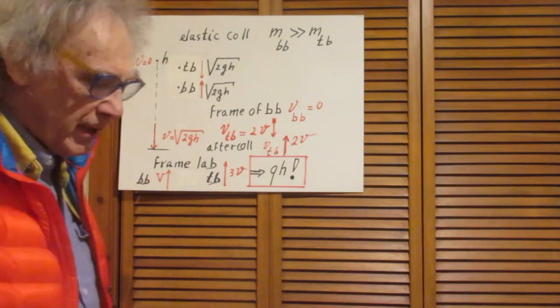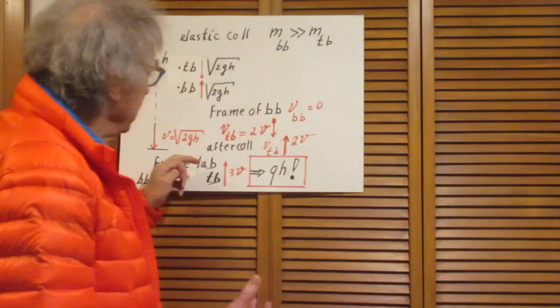Now I'm going to consider, which is of course a simplifying assumption, that when the basketball comes up, the tennis ball is coming down. That simplifies the problem, but you get a very accurate answer actually.